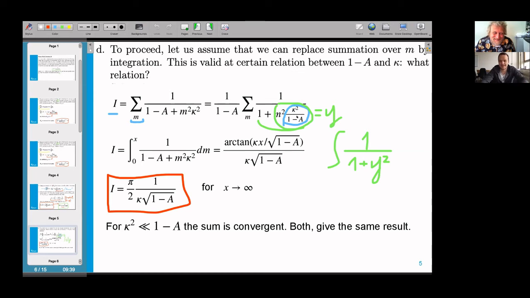Okay, but then it's still even harder to show this relation between kappa and 1 minus a. No, sorry, the I expression and also xm were explained during the previous session when we talked about the formulation.